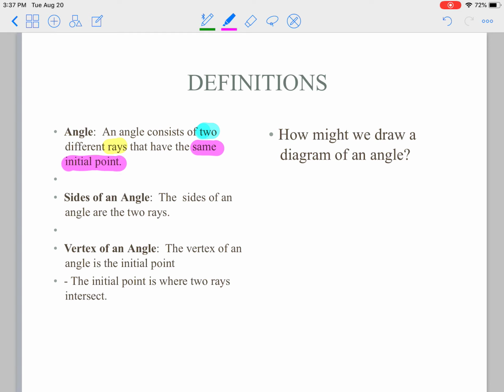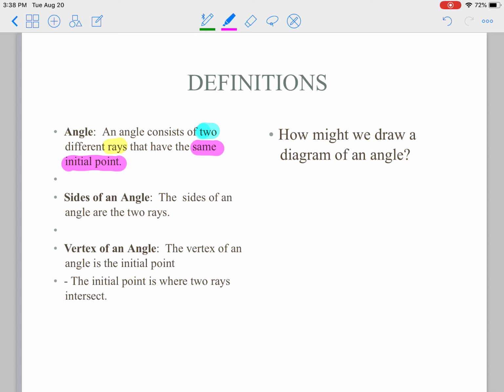So if we go back to our original terminology from Unit 1.2, you may remember how we would construct a ray and what the initial point of the ray means, and then how we might draw an angle or construct an angle from that terminology.